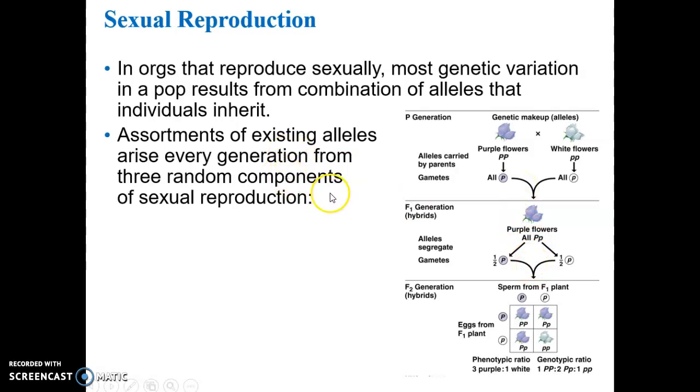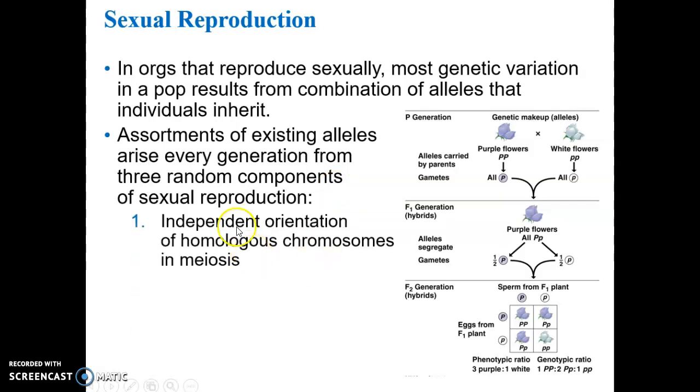And there's three components of this genetic variation through sexual reproduction. One is the independent orientation of the homologous chromosomes that align in meiosis. So you can go back and take a quick look at that as needed.